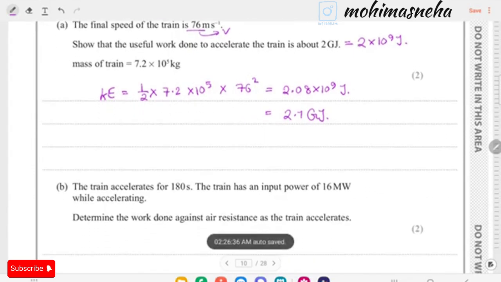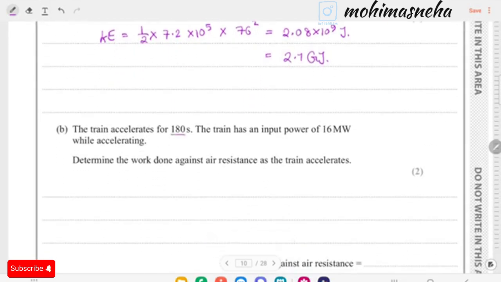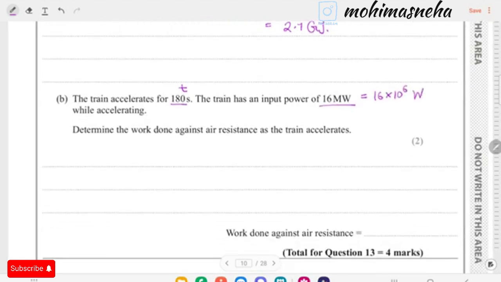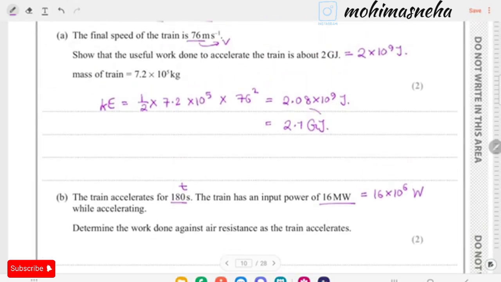Okay. Then again, the train accelerates for 180 seconds, and the train has an input power of 16 megawatt. 16 megawatt means 16 into 10 to the power 6 watt, right? While accelerating, determine the work done against air resistance as the train accelerates. This was the energy provided to your train, right?